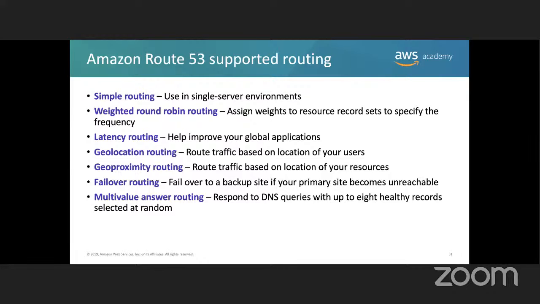Now, the weighted round robin routing, also known as the weighted routing policy, assigns weights to resource record sets to specify the frequency. So you use it to route traffic to multiple resources in proportions that you specify. It enables you to assign weights to resource record sets to specify the frequency with which different responses are served.